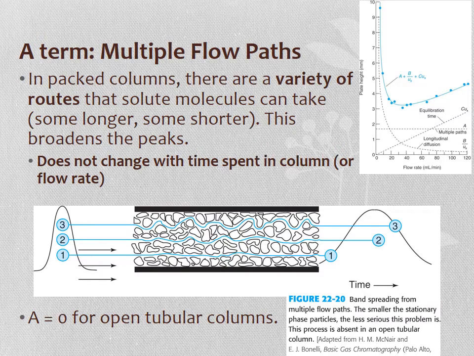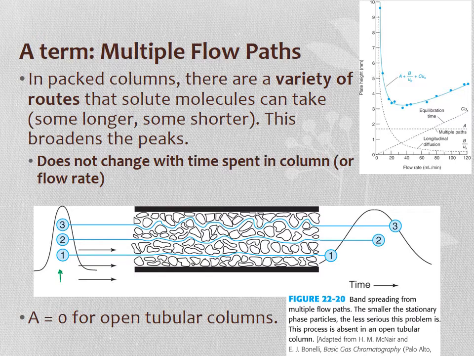The A term is the multiple flow path term. In my mall analogy, I like to think of this as how many kiosks are in the aisle. Those malls that are full of those kiosks with the watches and all of that stuff are really hard to get through. And if you're literally just a solvent molecule flowing on by, you're going to have multiple paths you can take. And so here on the left-hand side of the figure, you have all 3 molecules in the same position as each other.